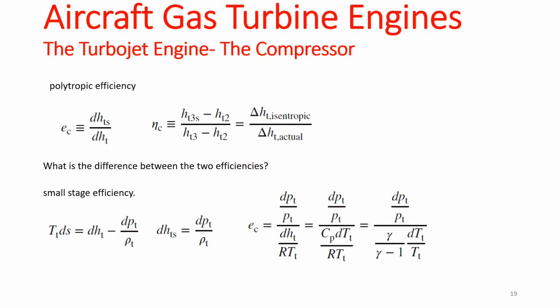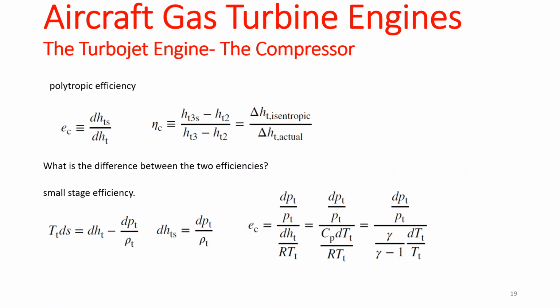Does this make sense? We also have the definition of enthalpy, and when we assume Cp is constant, it's Cp dT, so we replace that here as well.